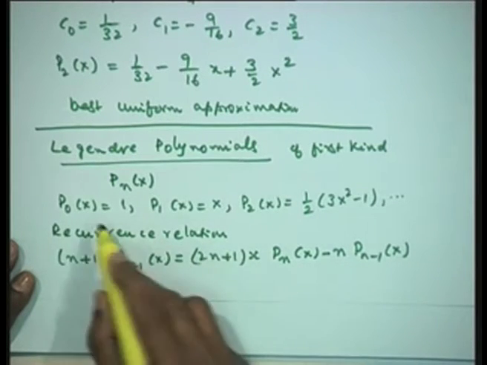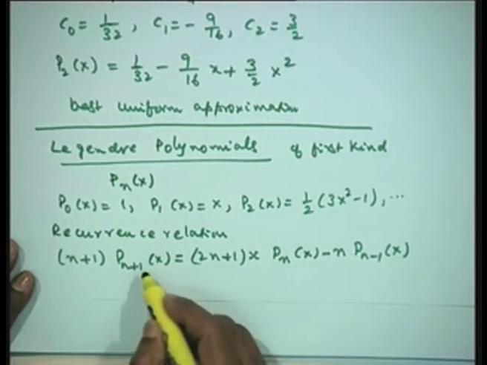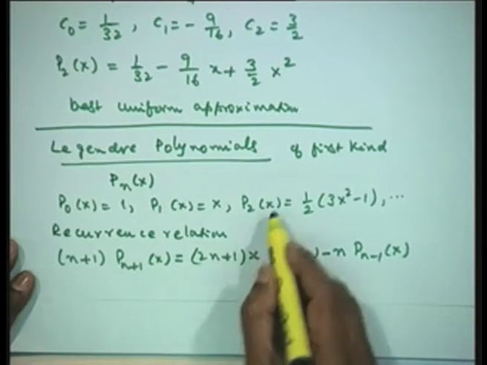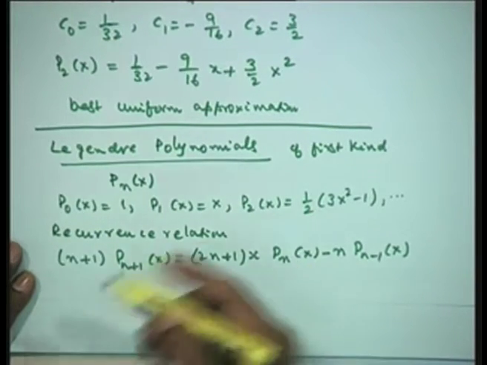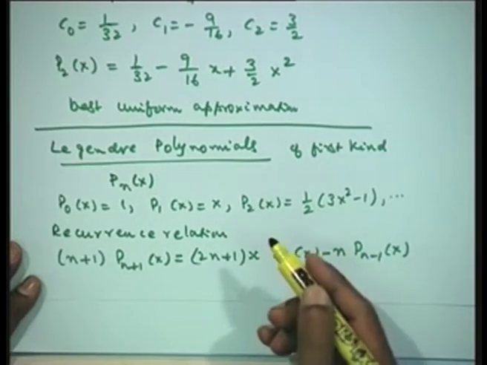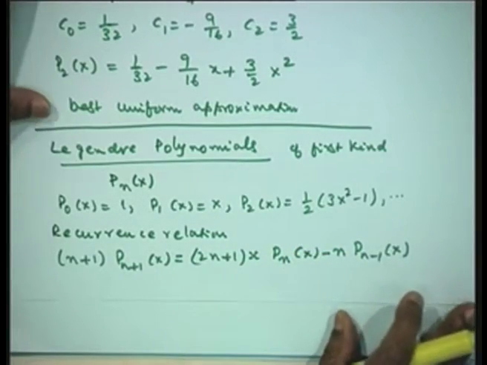Therefore, once I know P0 and P1, I can now generate from here by taking n equal to 1, I can get my P2, I can get my P3, all of them.